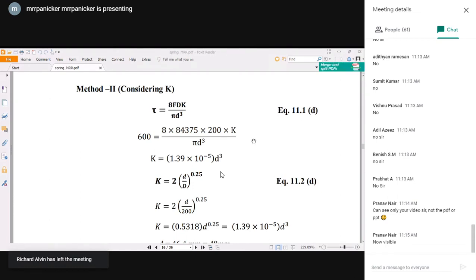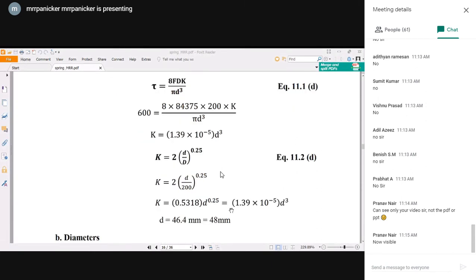Under those situations, you can assume some value of spring index, that is D by d. D is the spring index. That I will show in another problem.